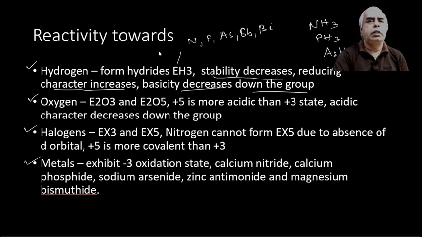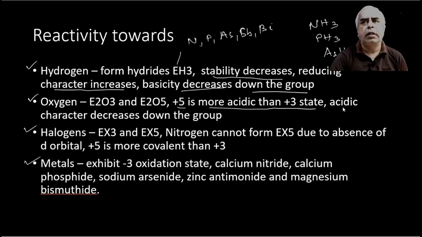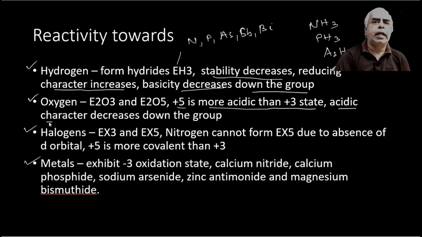Let me talk about the oxides. All these elements can combine with oxygen to form the relevant trioxides and pentoxides. But the +5 oxidation state is more acidic than +3. For example, phosphorus pentoxide is more acidic than phosphorus trioxide. It means the acidic character decreases down the group.